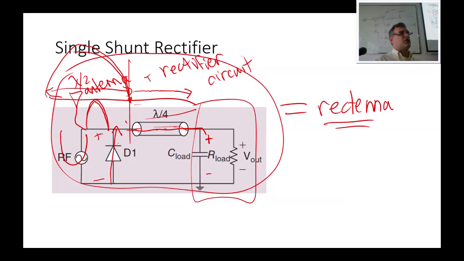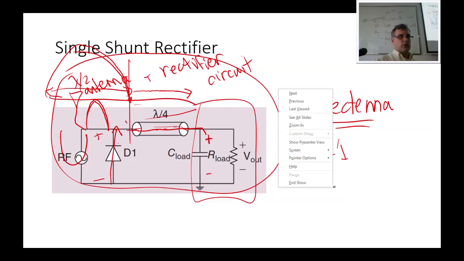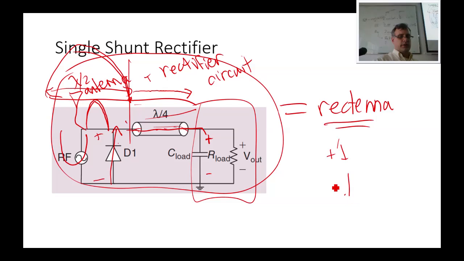What is the reflection coefficient of a short circuit on a transmission line? Do you remember that from your circuits class? Open circuit has a reflection coefficient of +1. Short circuit has a reflection coefficient of -1. That's right.